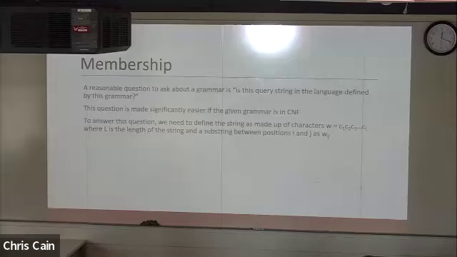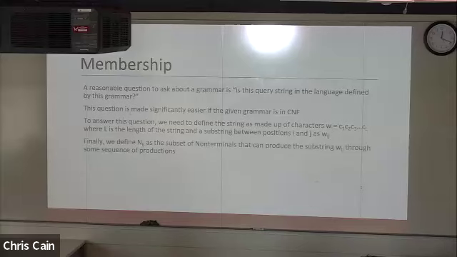Unlike how Java's substring works, for instance, which goes up to but not including that last character, W sub ij is up to and including that last character. It's inclusive on both ends.